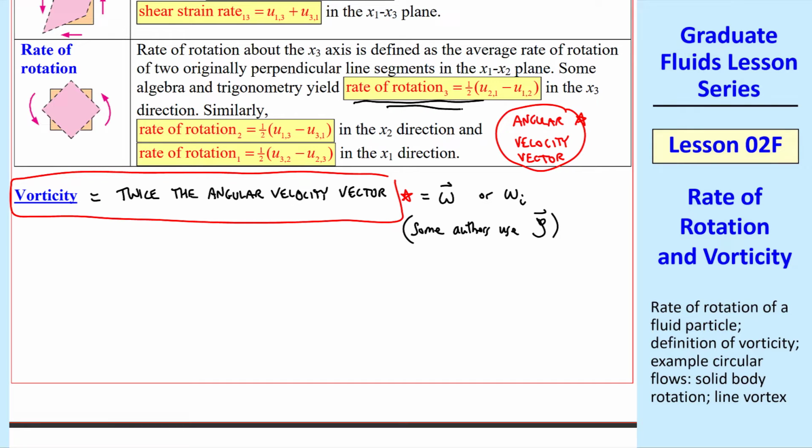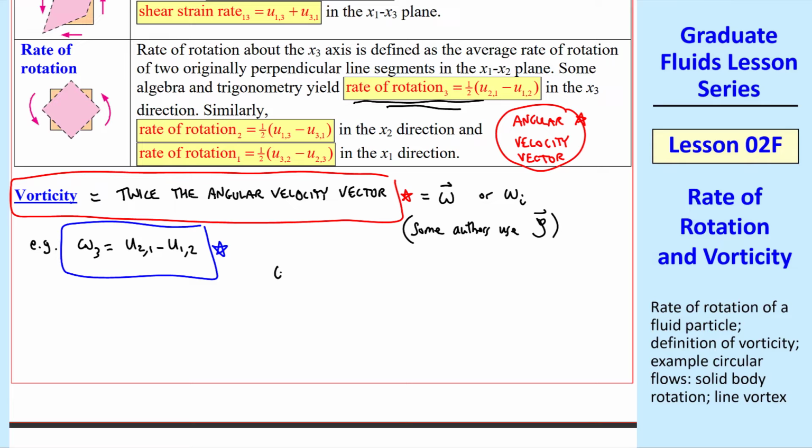The third component of the angular velocity vector is 1/2 of (u2,1 minus u1,2). When we multiply by 2, the x3 component of omega, the vorticity vector, is simply u2,1 minus u1,2, without the factor of 1/2. And similarly for these other 2.